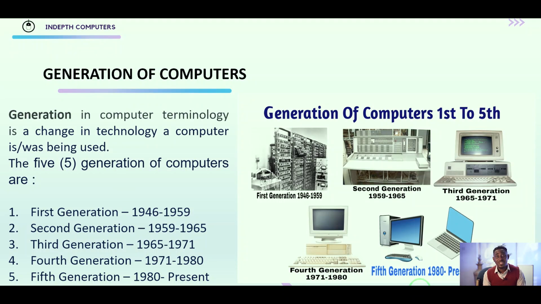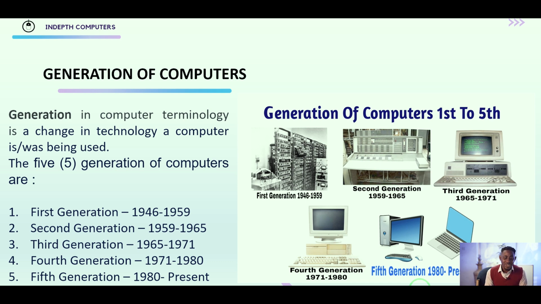Now, even after Charles Babbage's invention, there were so many inventions that we had. And in order to make it easy for children or for people to understand, we categorized all of them into different generations.